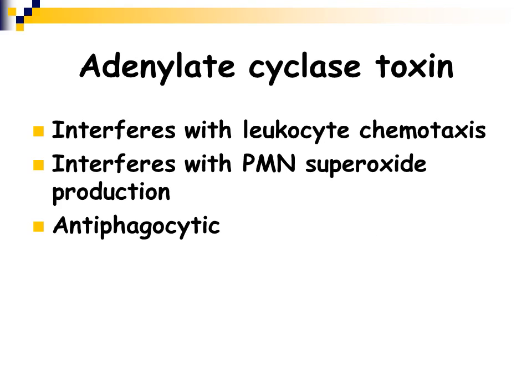The adenylate cyclase toxin interferes with leukocyte or white blood cell chemotaxis, so getting the white blood cells to that area of infection. It interferes with polymorphonuclear neutrophil superoxide production.